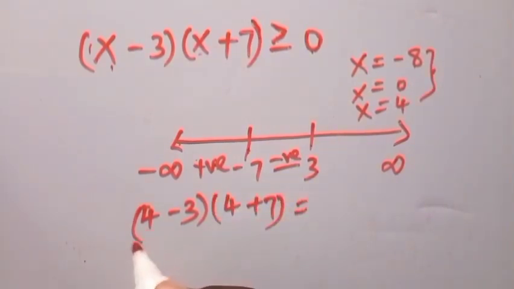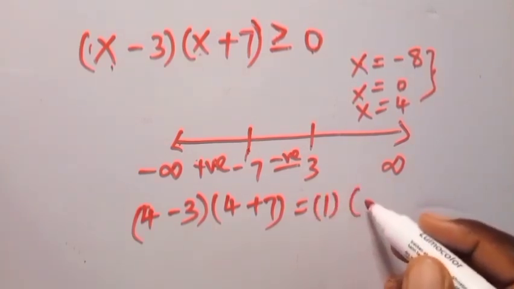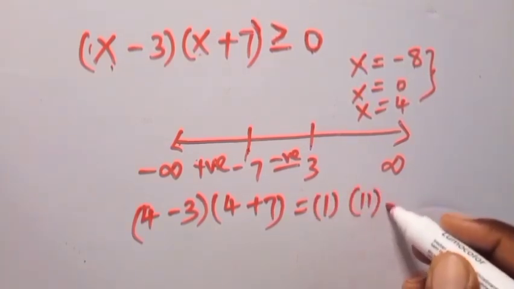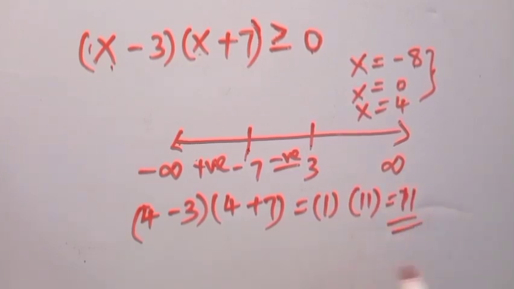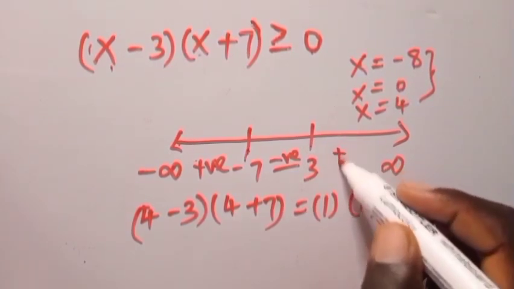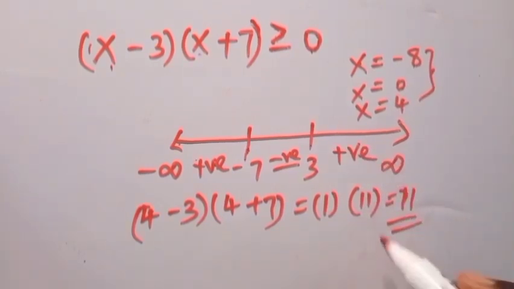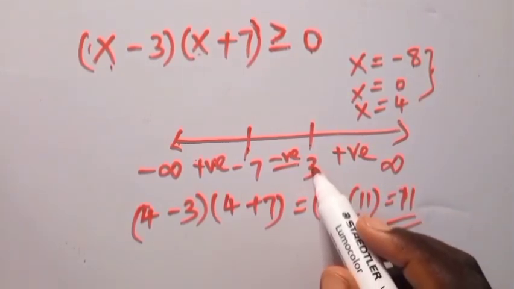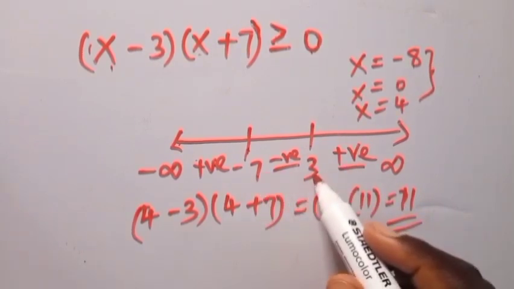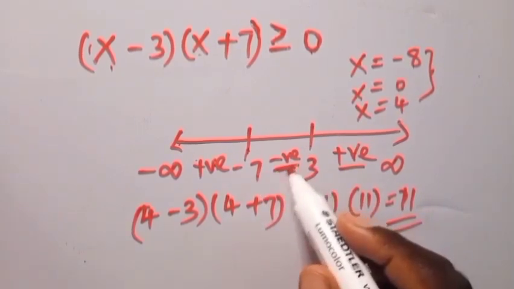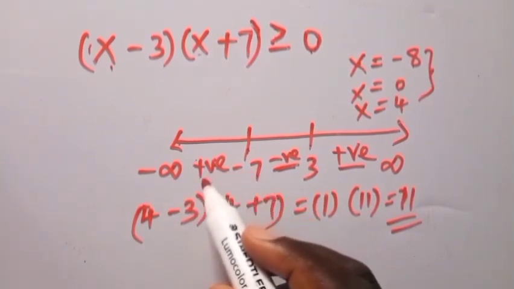And in this case, we shall have 1 times 11, which is just 11. So in this case, we shall have a positive answer. So to the right of 3, we shall have positive. Between -7 and 3, it is negative. Then to the left of -7 is positive.